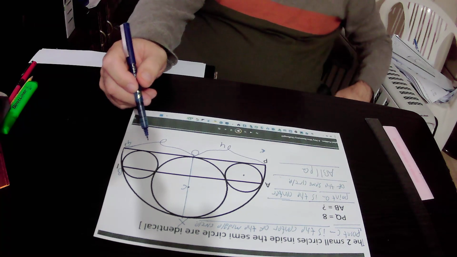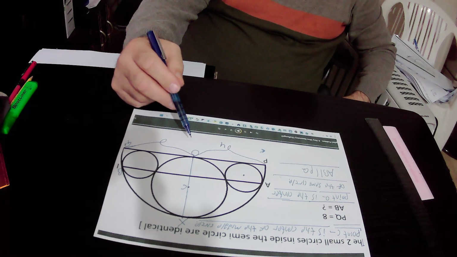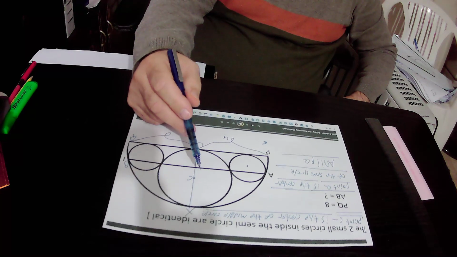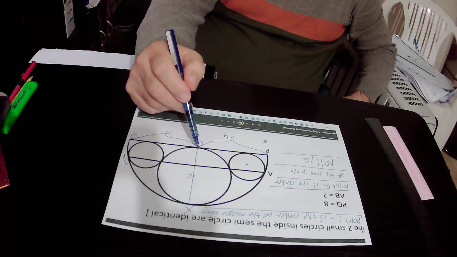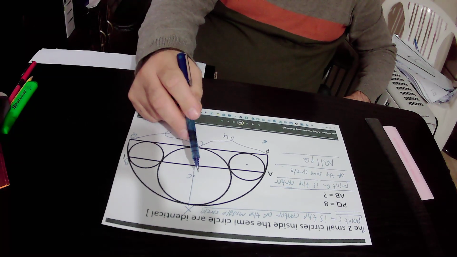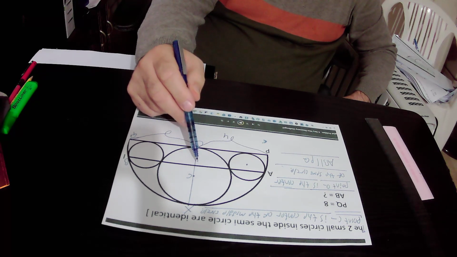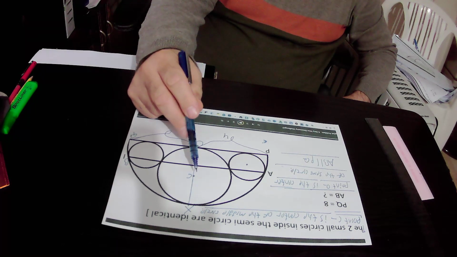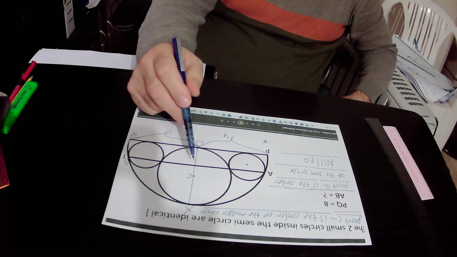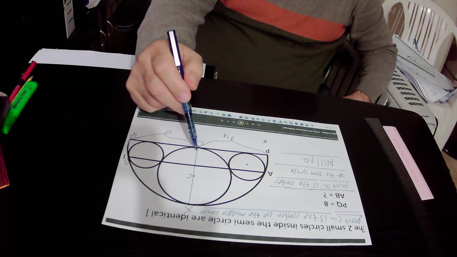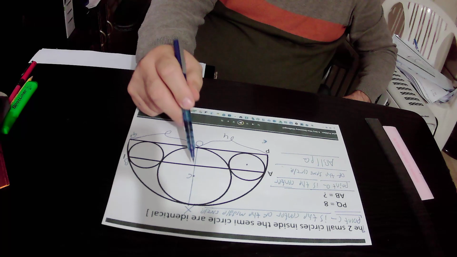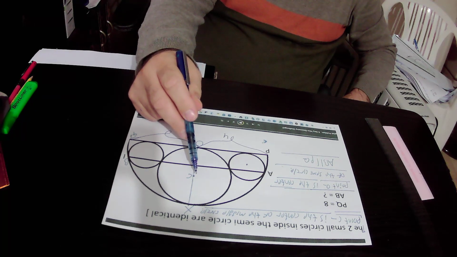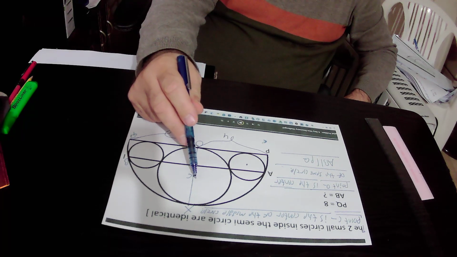and the radius OX of this semicircle is also equal to 4 units, but the radius OX of the semicircle is also the diameter of this middle circle. So we know the diameter of this middle circle equals 4 units.